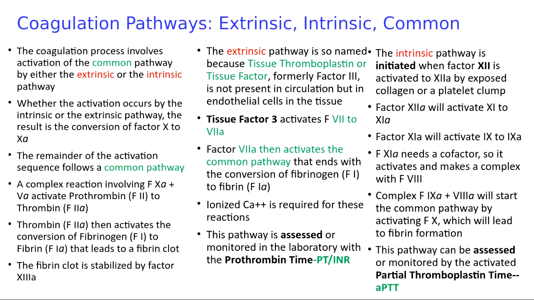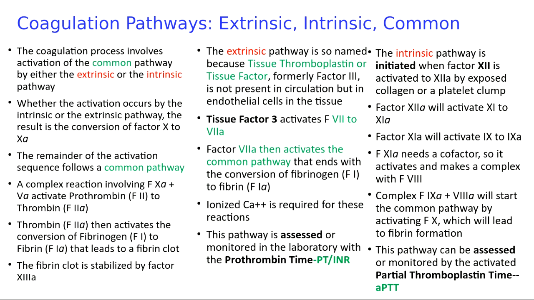On slide number 10, we have an explanation of what I just said for the 3 different pathways. The coagulation cascade involves 3 different pathways. You need to be aware of which factors are found in the intrinsic pathway, which factors are found in the extrinsic pathway, and which ones are part of the common pathway.